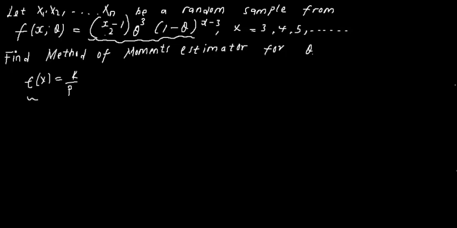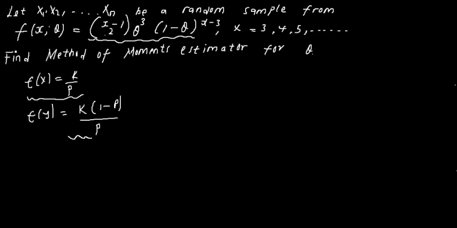So let's say you can't remember this formula, but what you can remember this time around is, let's say, the expected value of, say, y. So you can remember that the expected value is of that form.